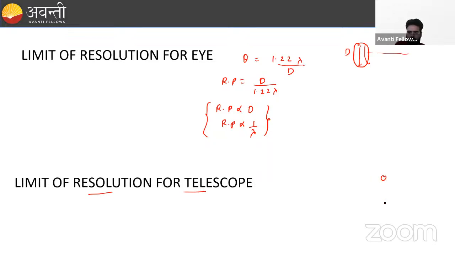Suppose there are two stars, this is star 1, this is star 2, and this is our objective lens. If we want to see a clear image, this is the angle theta.